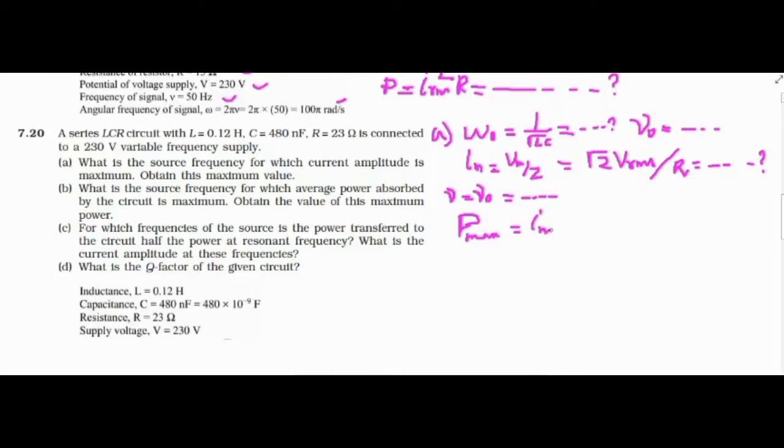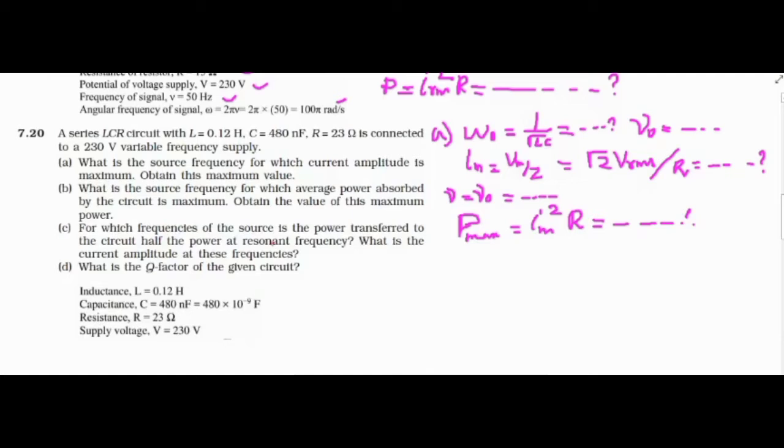So we have Im square R. That is it. Im square R will give the maximum value of power. The value of Im we have already. So we can find the value of maximum power.